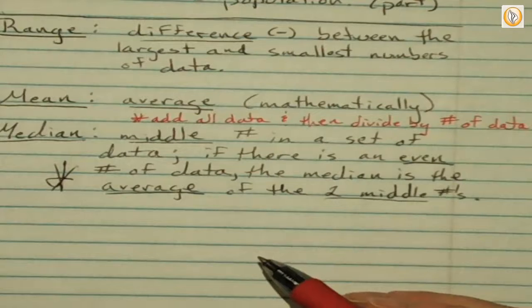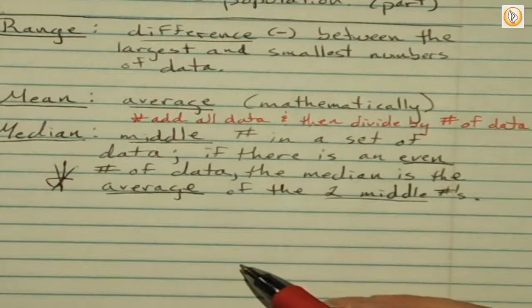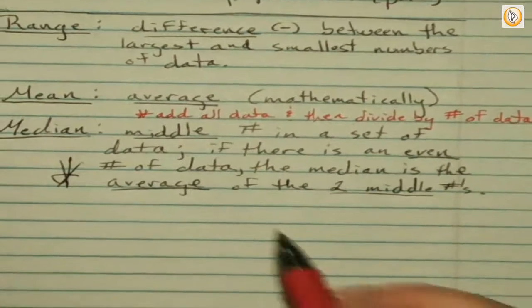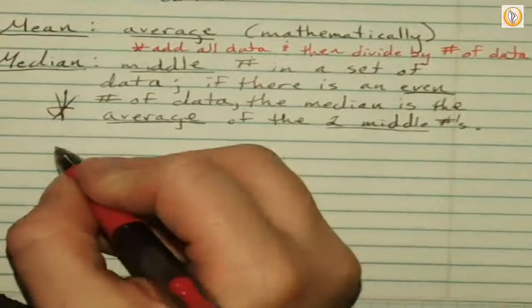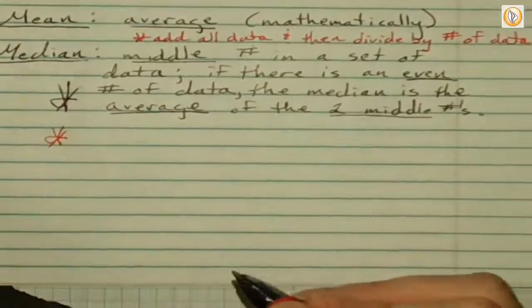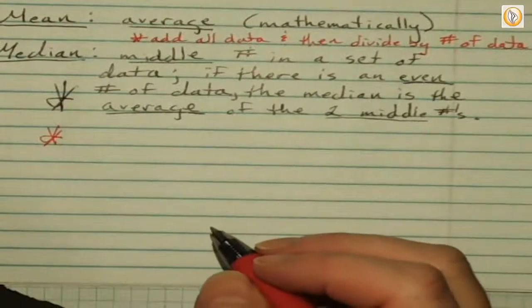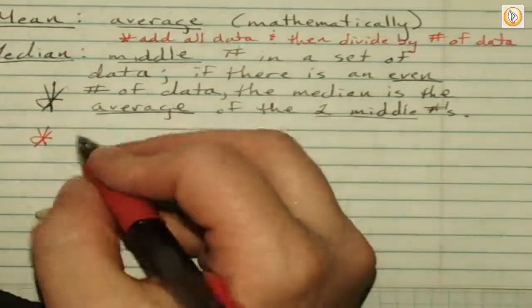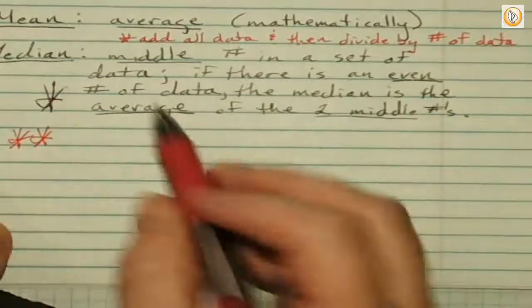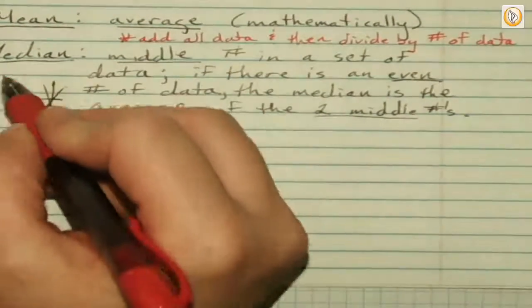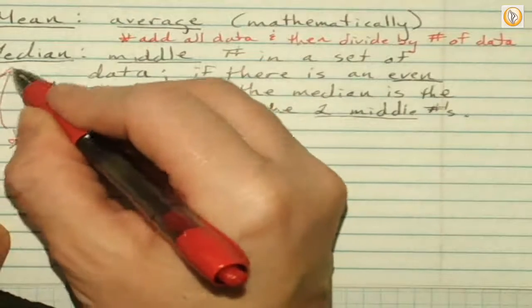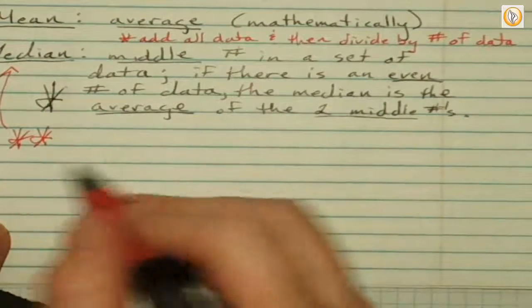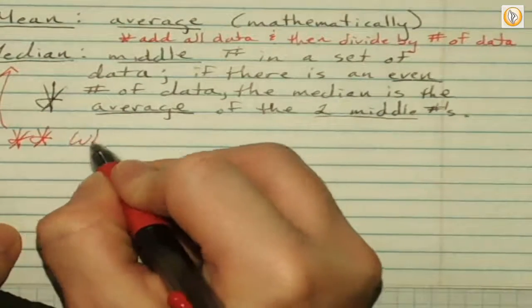Now, this also, I'm going to put this on here too. And I'll put it in red. 2 stars. Because it's really important with the median. Well, in everything else, but really important with median.